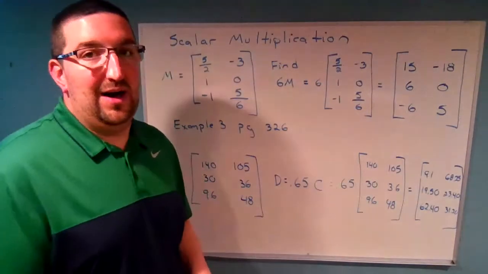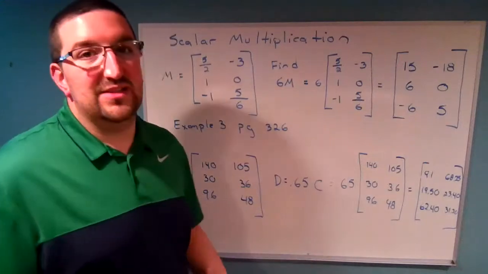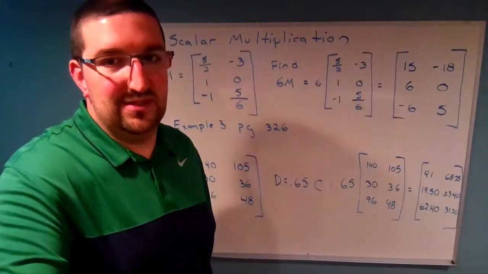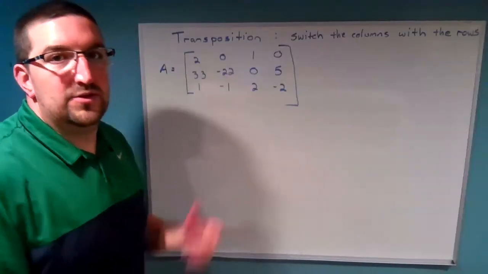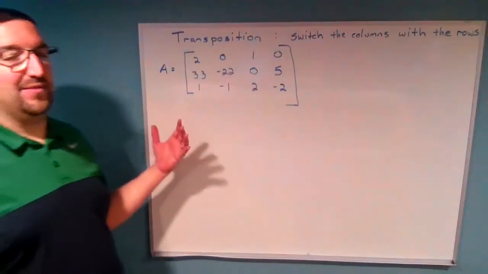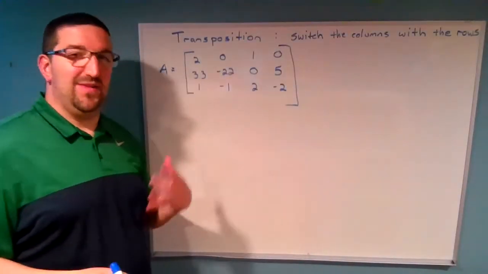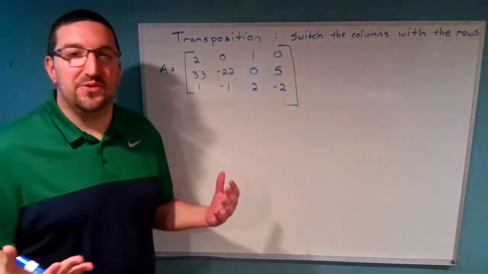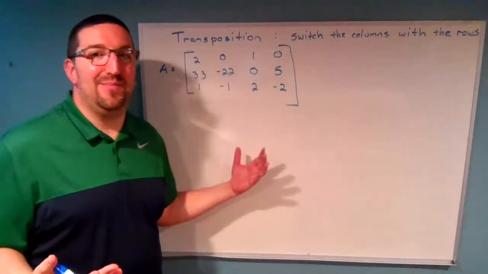All right, next we are going to move on to a little thing called transposition of matrices. Transposition of matrices is a pretty simple concept. If I wasn't here showing it to you and you saw it on a piece of paper, you might get a little confused about what is actually happening.